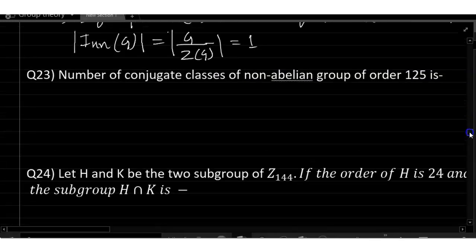Now next we will discuss the number of conjugacy classes of a non-Abelian group of order 125.